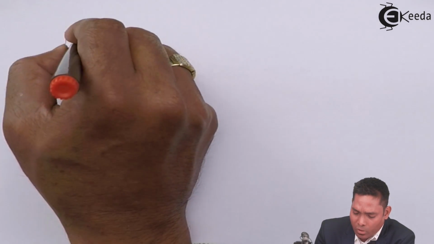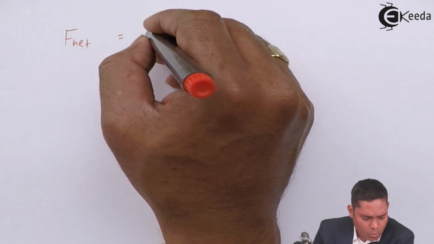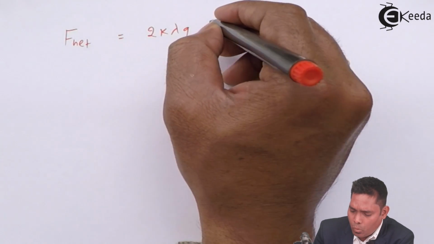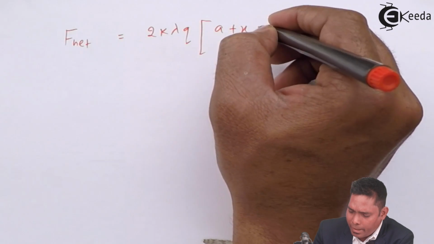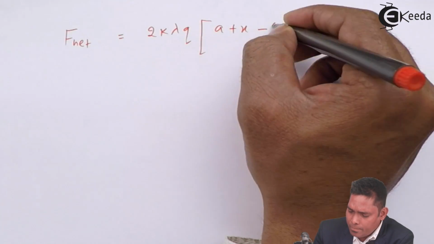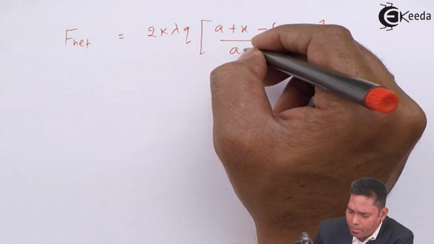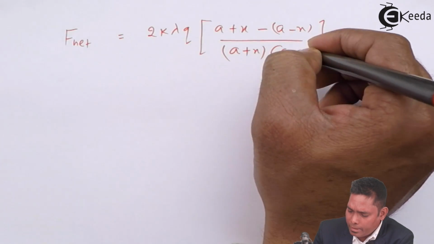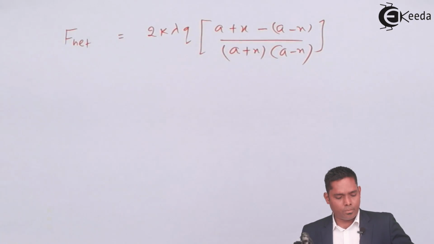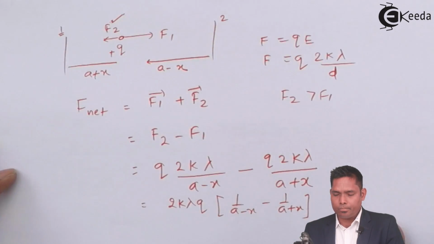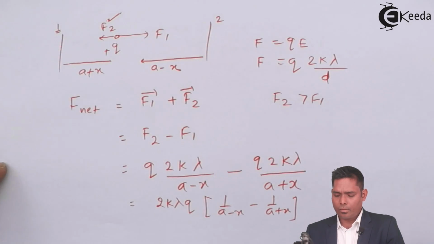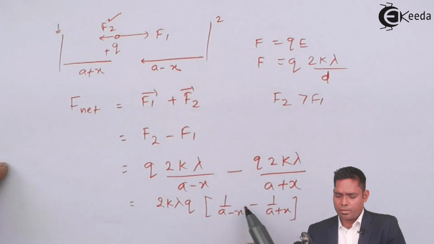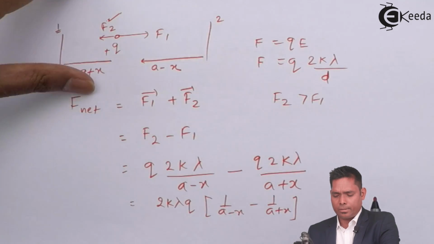Let us solve this first. The net force acting on the charge is 2k lambda Q over a plus x minus a minus x, divided by a plus x into a minus x. What I've done is taken the LCM of a plus x and a minus x.